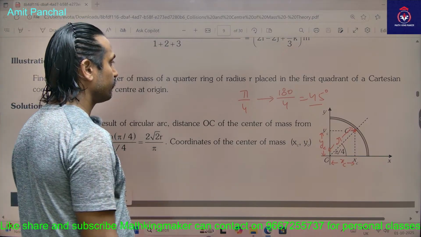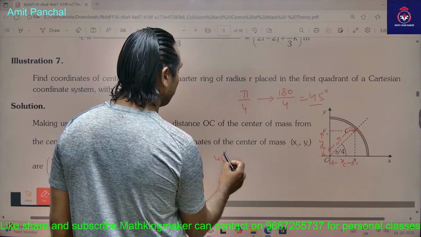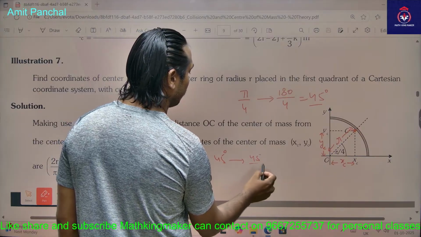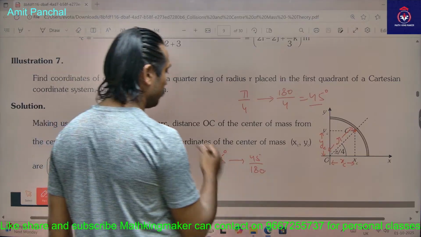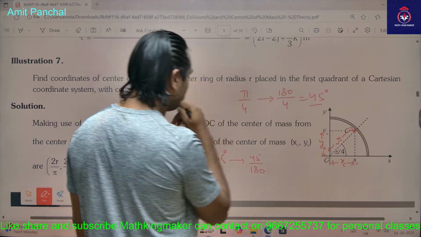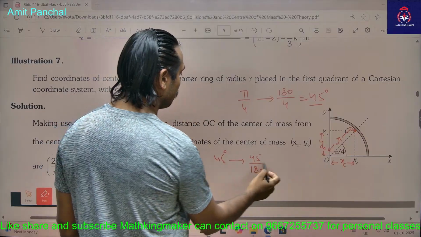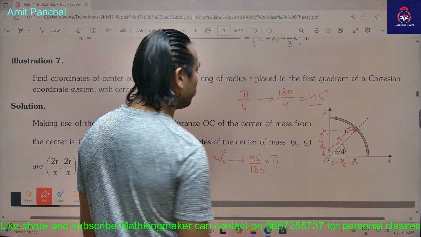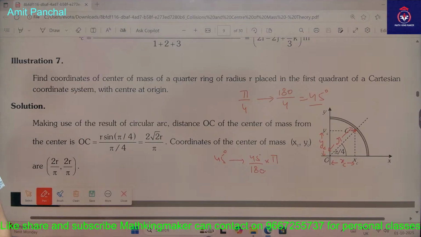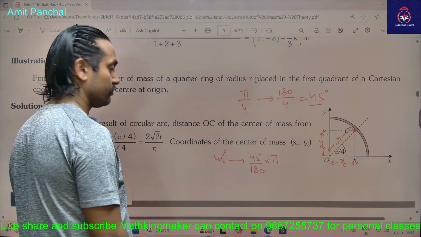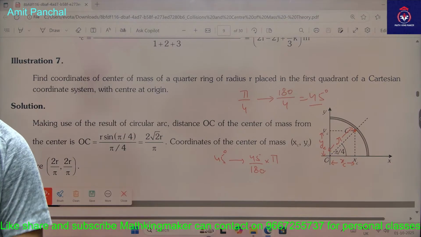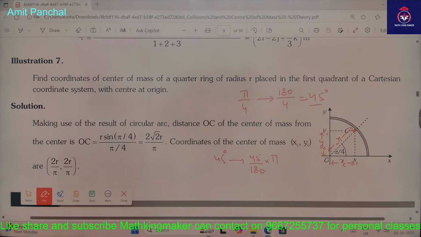As it is 45 degree, so just put 45 divided by 180, and multiply it by pi.